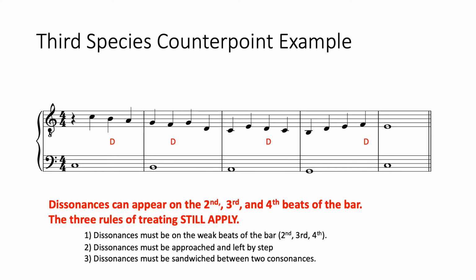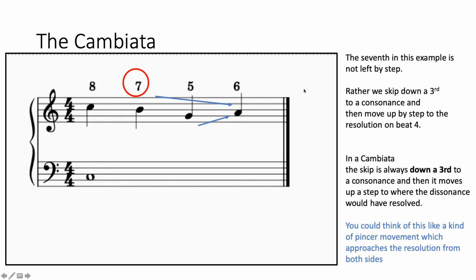Right, but because we've got much more scope to explore dissonance, we can actually use one of the exceptions to the rule. So this formation here is called a cambiata, and a cambiata is a way of treating dissonance that breaks one of the rules.